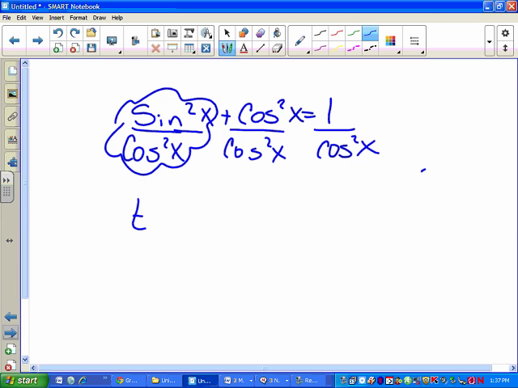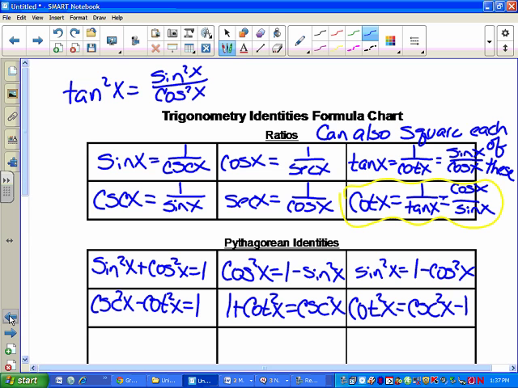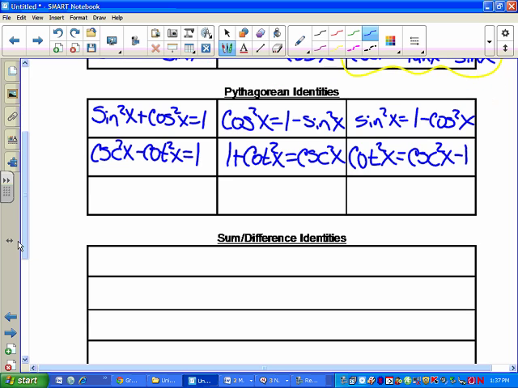Well, that's tangent squared x plus something over itself is 1, and 1 over cosine squared x is secant squared x. So there's another identity. Tangent squared x plus 1 equals secant squared x. I'm going to put that one here. Tan squared x plus 1 equals secant squared of x.